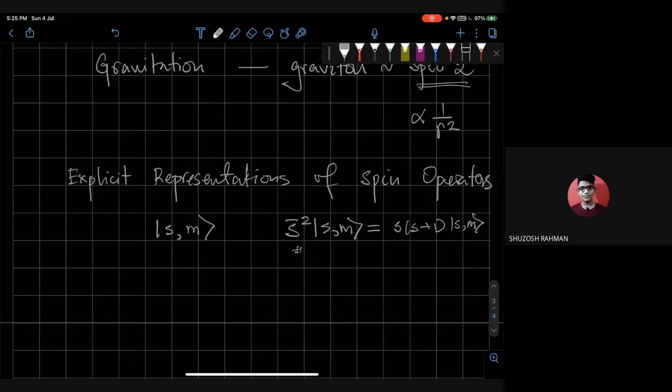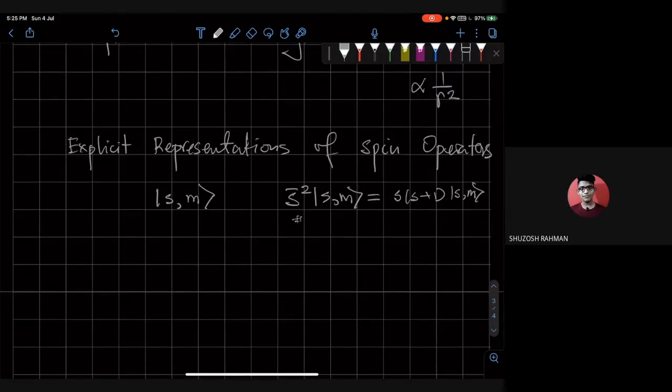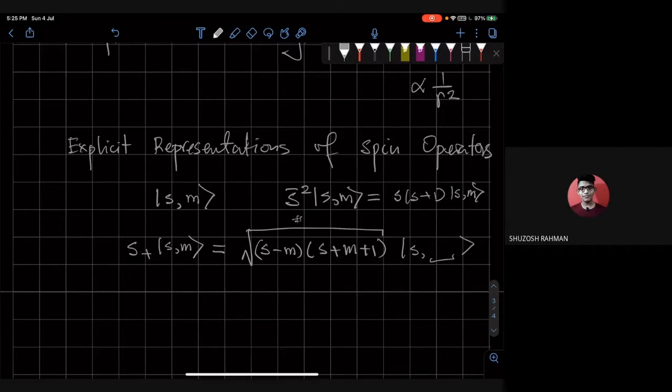Okay, good. And then there is S plus acting on |S, M>, and that is going to give me the square root of (S minus M) times (S plus M plus 1) times |S, M plus 1>. What would be the value here? M plus 1.